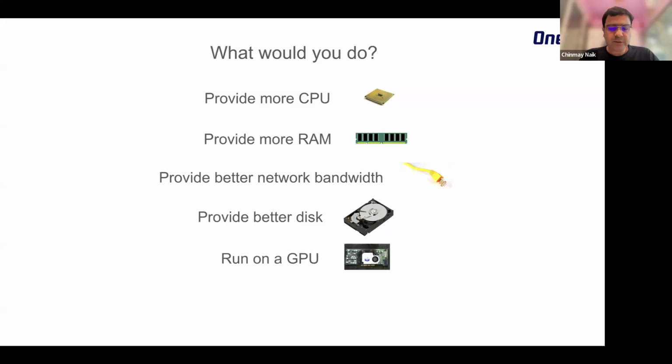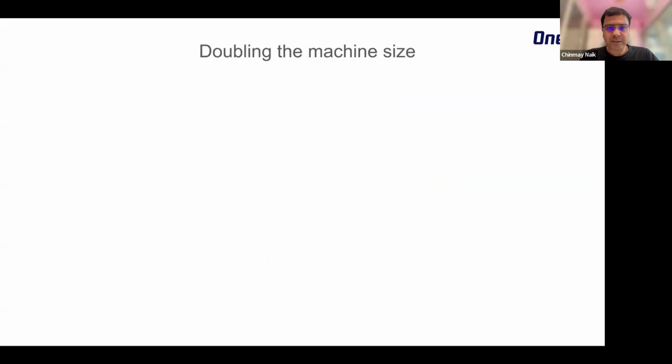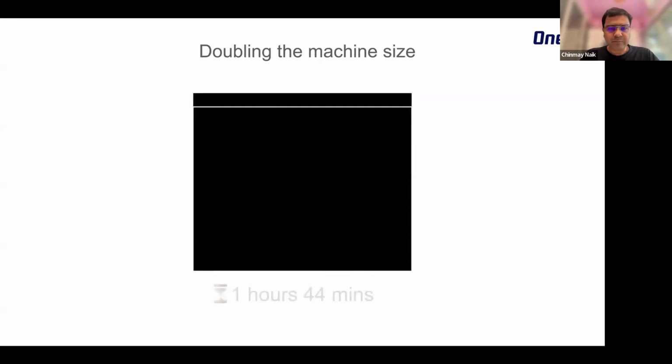And imagine you do all of that, and let's say you double the machine size, essentially like Moore's law in some way. You run this program, and now it runs in 1 hour 44 minutes. So it's about 16 minutes of improvement from the previous 2 hours.